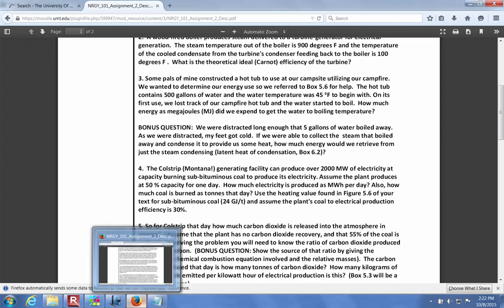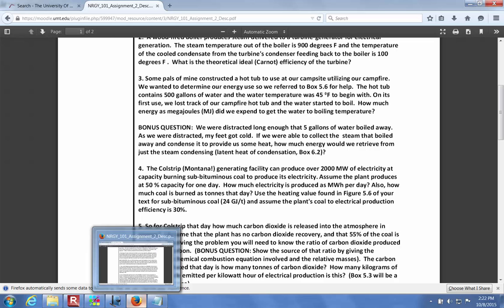When you've got superheated steam, if you boil that coffee and let it go too long, and you were to collect that vapor that came off the coffee and condense it again, you'd get that heat back once it condenses, okay? That heat comes back into that water or that coffee. So, in this case, we're going to use it to warm my feet. If we let 5 gallons of that 500-gallon hot tub boil away, how much heat would that be?